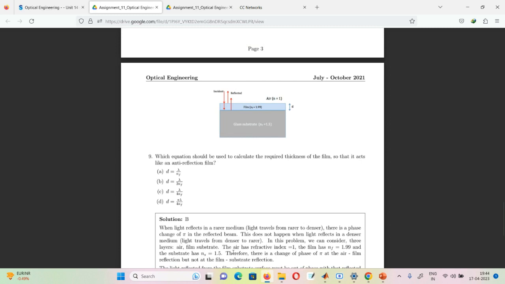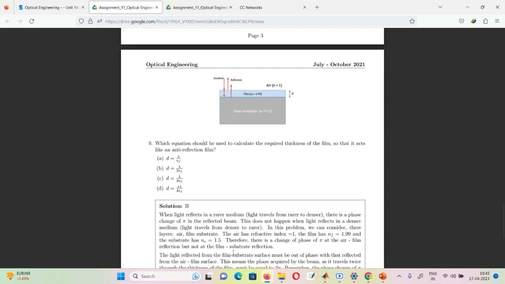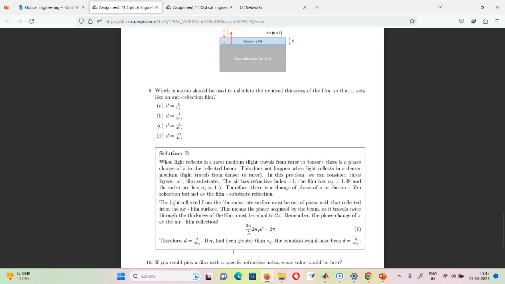There will be an extra phase difference of pi at that interface, but when it travels from the thin film to the glass substrate, this is denser medium to rarer medium, so there will not be any phase difference at that point. So you will not have an additional path difference. Only one path difference you have to consider and equate with your destructive interference criteria, and you will get this answer. Okay.